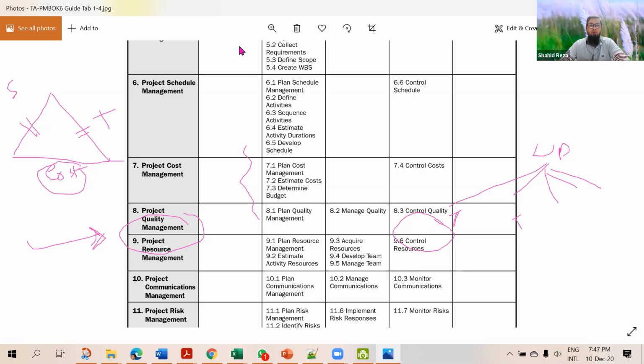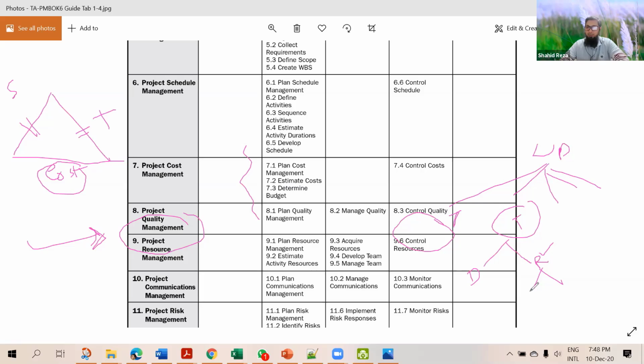Now, let me explain: if we know for any task the duration, that means how many days or how many hours we need to complete the task, and also we know the resource, how many resources will be involved, then we know duration from the schedule chapter, we know resources from the resource chapter, and now we just need the rate of all resources, which can be material resource or physical resource.